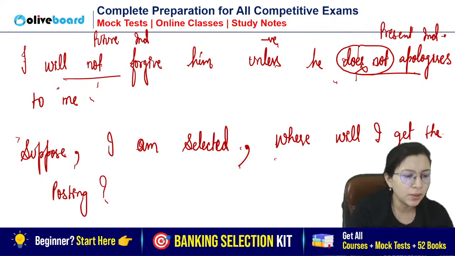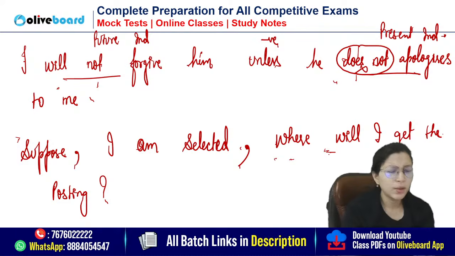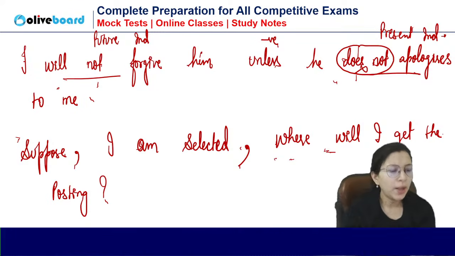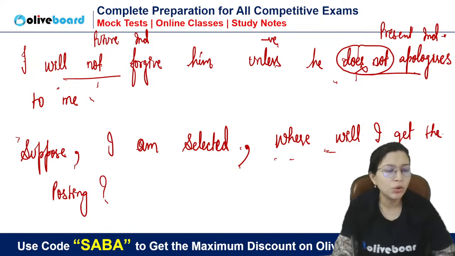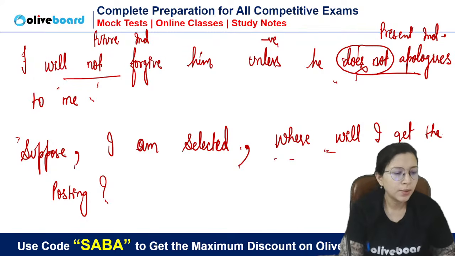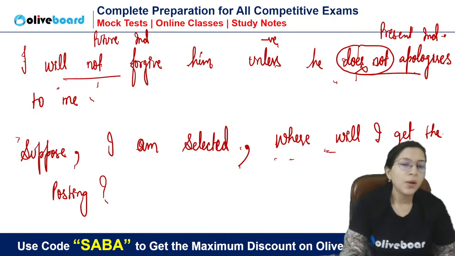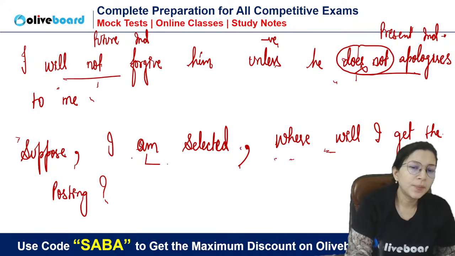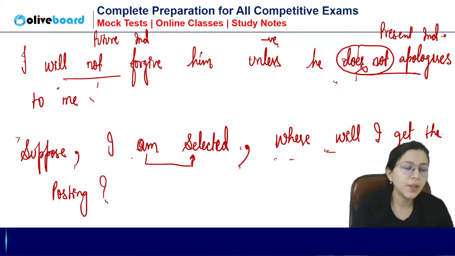Why? Where is this? No, where I will get the posting? Who is saying would? In first condition, do we ever use would? Just tell me which tense is it?